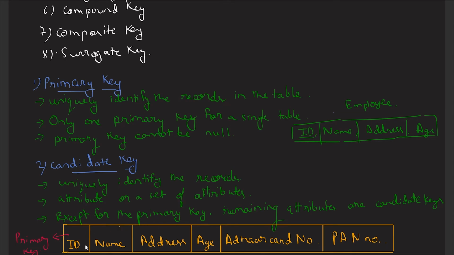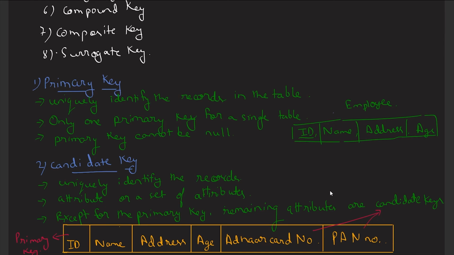Now from these three attributes, that is ID, Aadhaar card number and PAN number, suppose the database administrator or the designer considers the ID as the primary key, and now the rest of the two attributes, that is Aadhaar card number and the PAN number, will be called the candidate keys, because these are remaining and these can also identify the records uniquely. If we know the Aadhaar card number, then we can also fetch the details of the employee. So these are called the candidate keys.